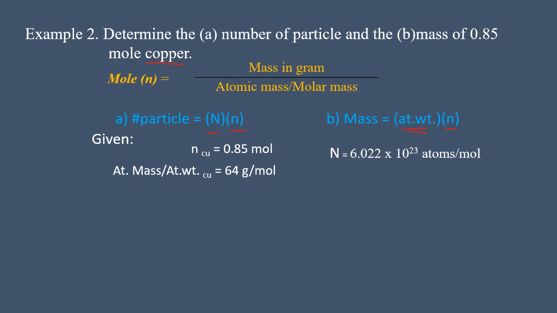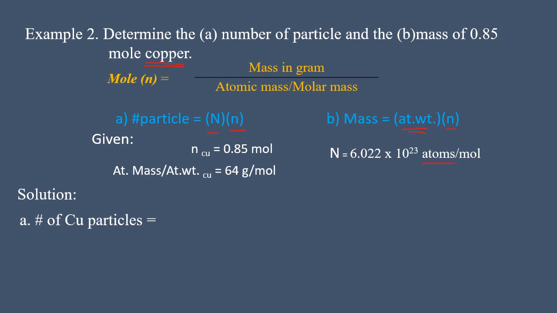And lastly, we have the Avogadro's number constant, which is 6.022 times 10 to the 23rd atoms per mole. Why atoms? Because the substance is an element, in this case, copper. So let's proceed to the solution part.